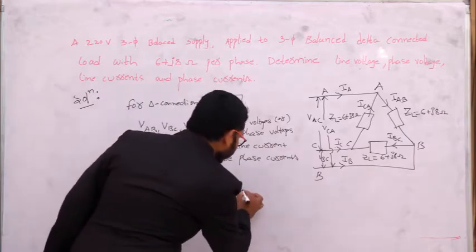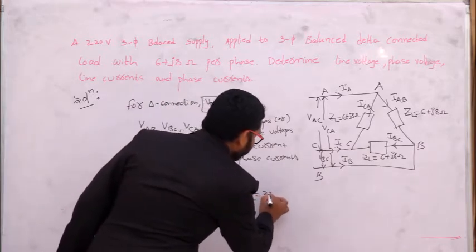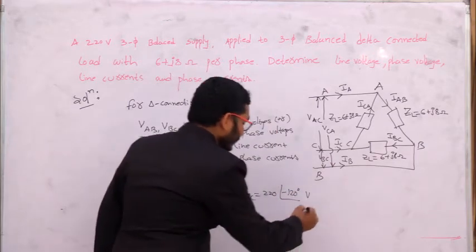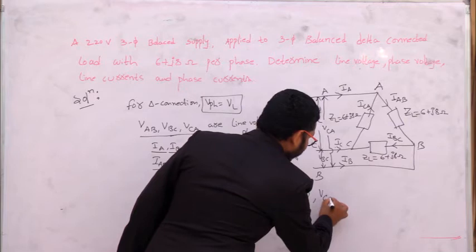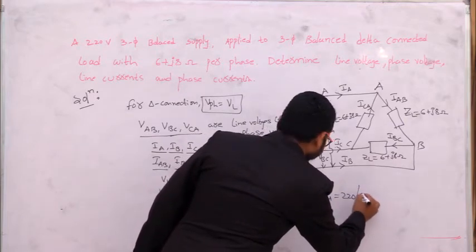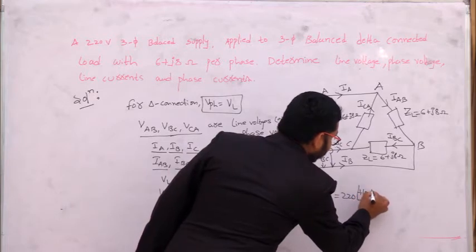Similarly, VBC equals 220 at an angle minus 120 volts, and VCA you can take as 220 at an angle plus 120 degrees volts.